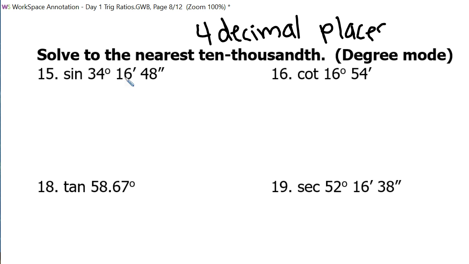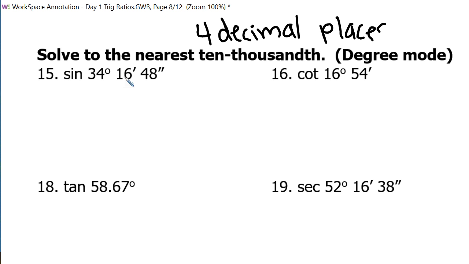And our angle is 34 degrees, second apps number 1. 16 minutes, second apps number 2, and 48 seconds. And for the seconds, it's alpha plus sign. Again, it opened up the parenthesis for the angle, and when I'm finished typing the angle, I need to close the parenthesis.